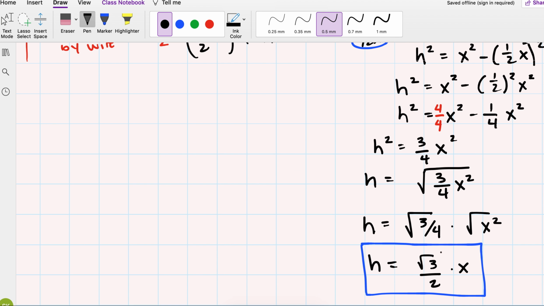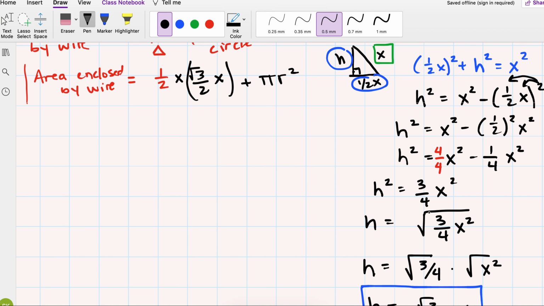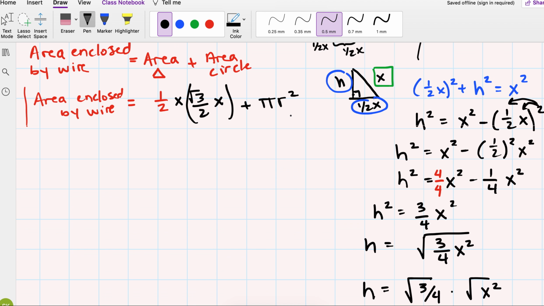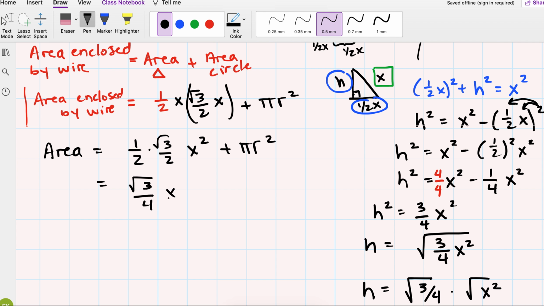So I'm replacing it with this answer that we found. Okay, so now I've got that the area is equal to 1/2 times root 3 over 2 x squared plus pi r squared, which we can simplify to root 3 over 4 x squared plus pi r squared.